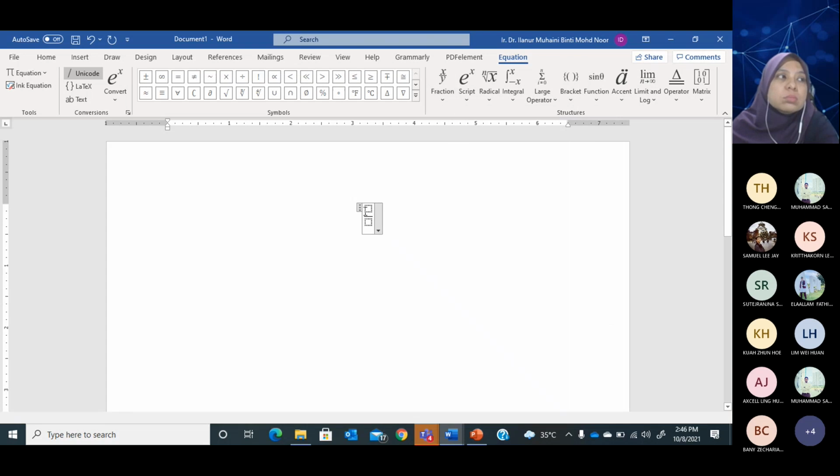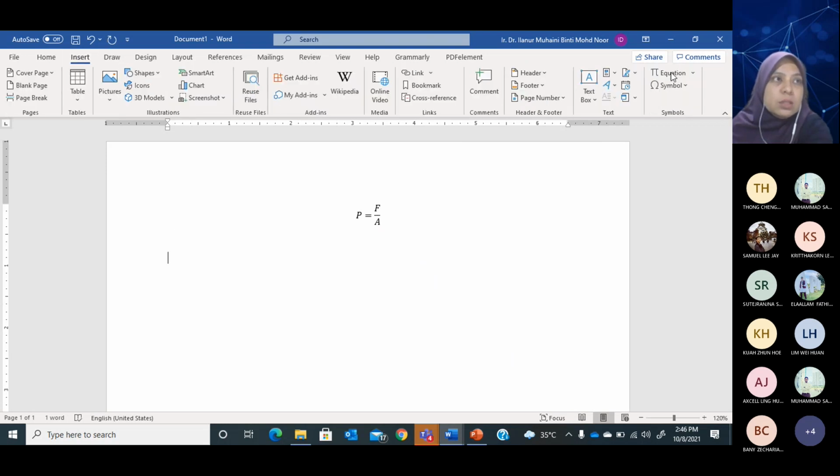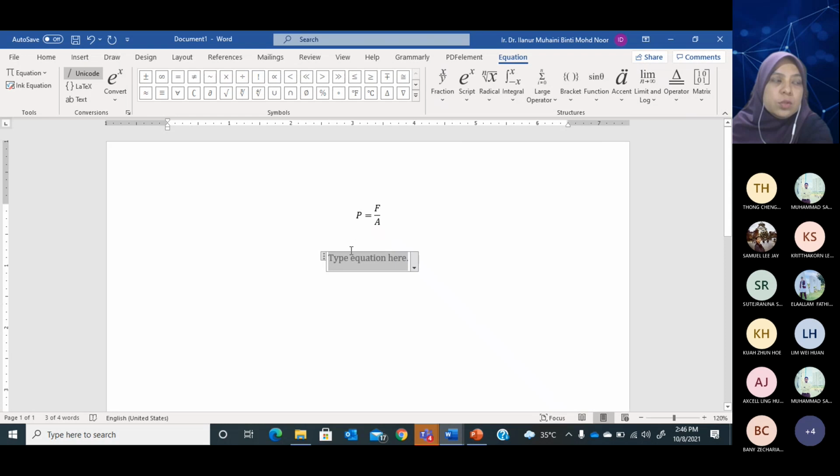Okay, so P don't have the fraction. So P equal to F per A. Simple only, right? Formula. Then next to it, don't type anything. Enter. Do again. Insert equation. Do again. Then only it will be under it.